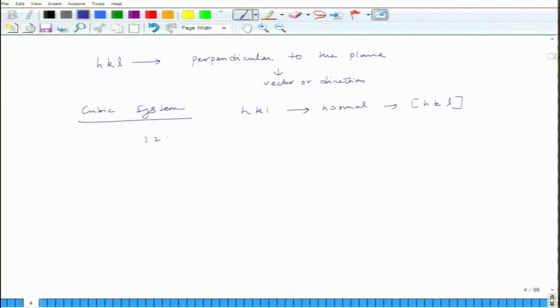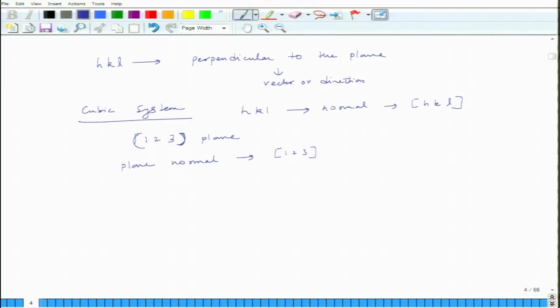So, if you have a plane 1 2 3, the 1 2 3 plane normal will also be 1 2 3. This is specifically for the cubic system, it applies to all the HKL planes.